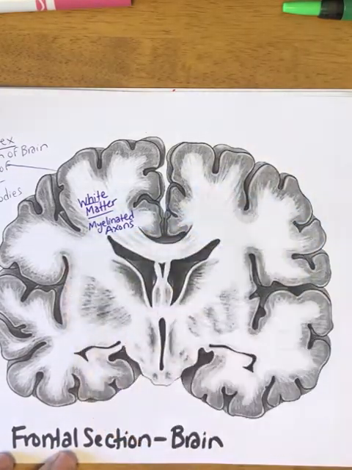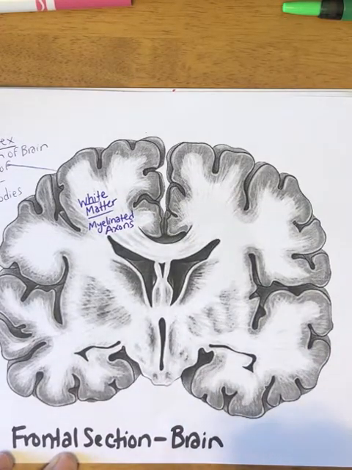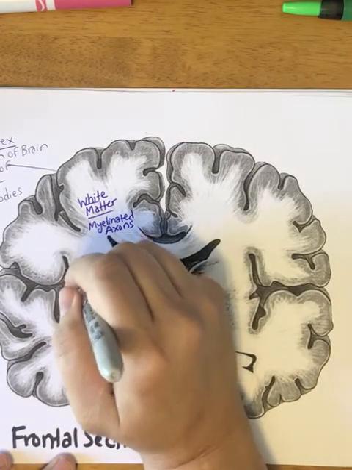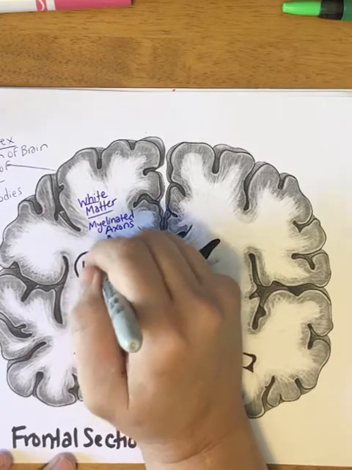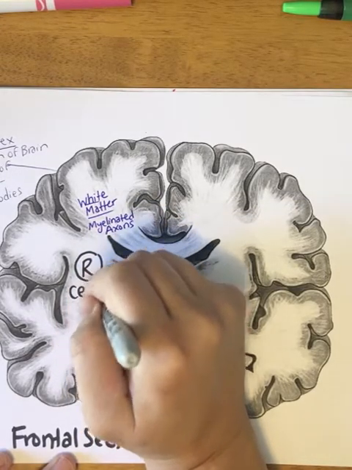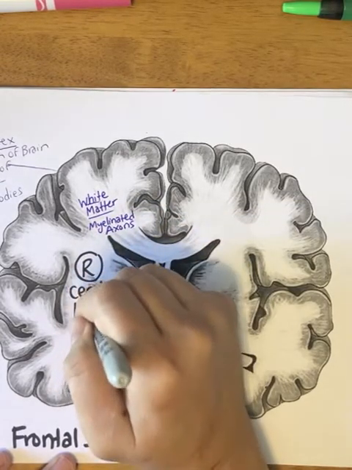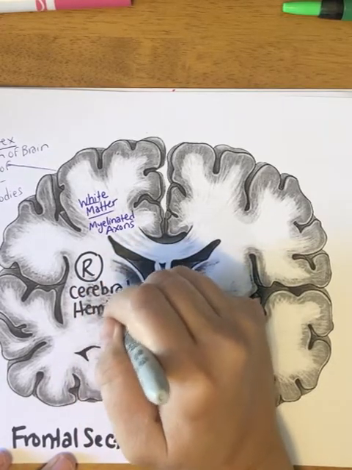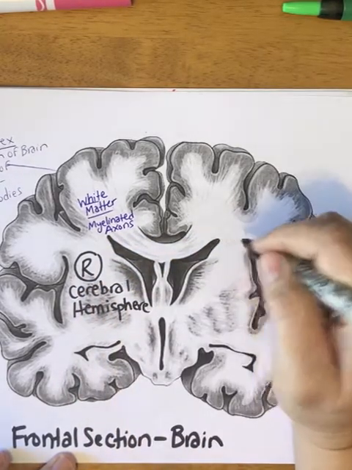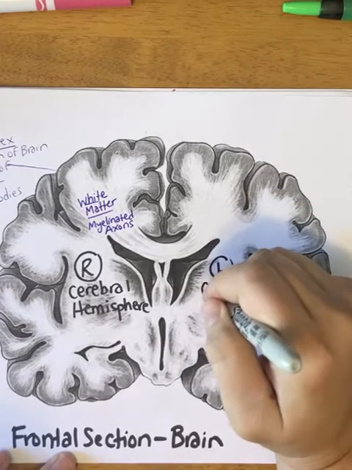Actually, let's put right because we're looking at it from the front. So this is the right cerebral hemisphere, and over here, this is the left cerebral hemisphere.